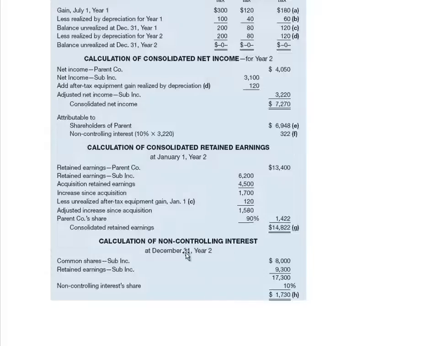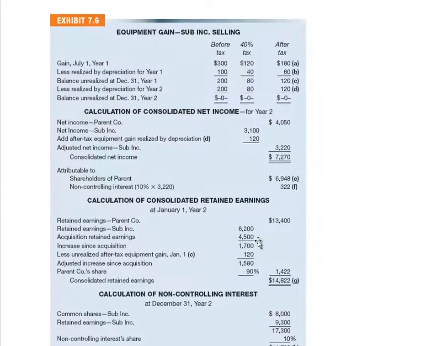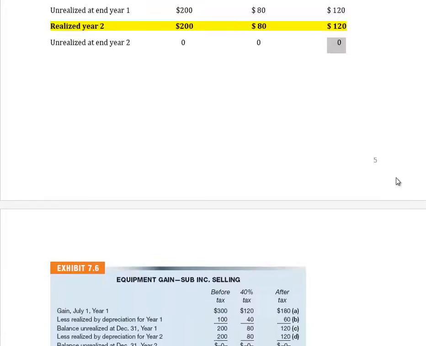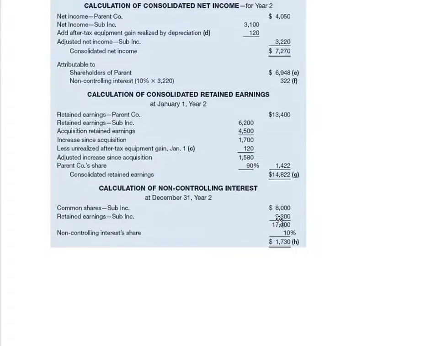Now, if you calculate NCI at the end of year 2, don't forget we don't have to make any adjustments to the sub's retained earnings. Why? Because by the time we get to the end of year 2, we see we have nothing unrealized. The consolidated entity has taken it all in, so there's no need to adjust any of the retained earnings of the sub because it includes that net gain of $180, and it's all been realized by the consolidated entity.